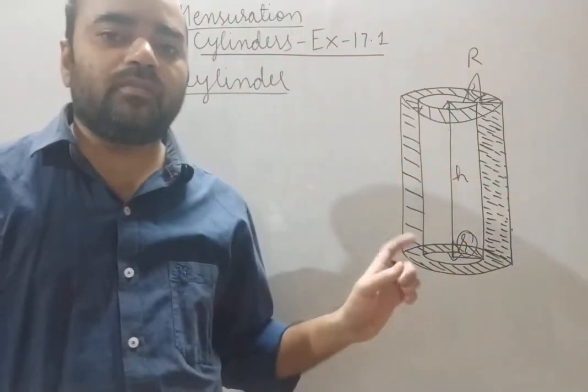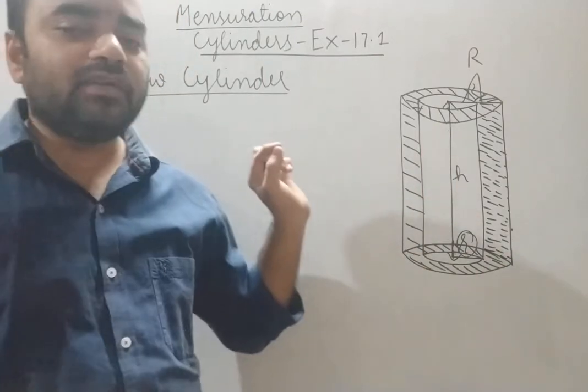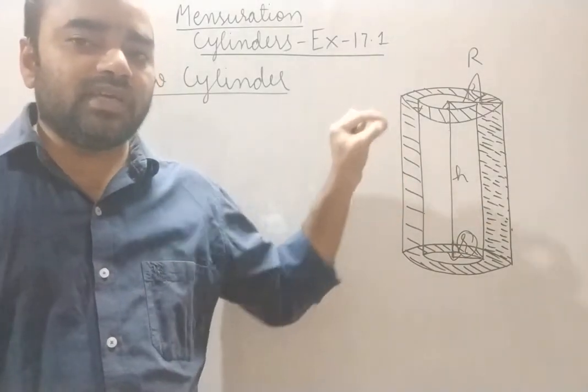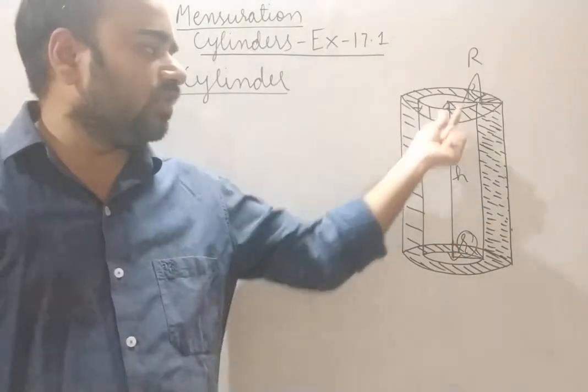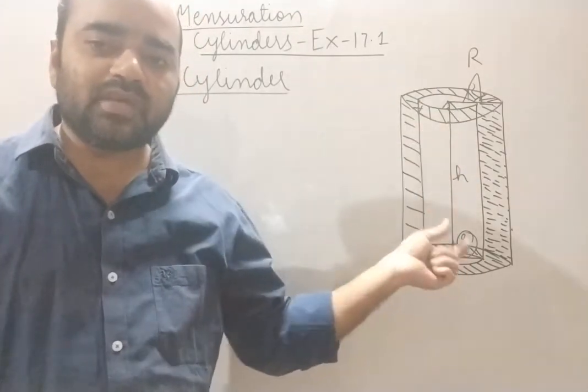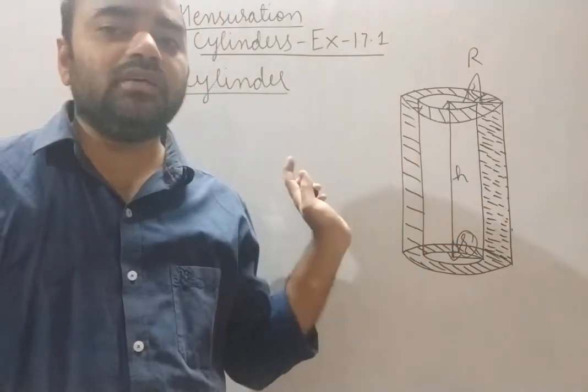Why? The reason is, the height of the cylinder means the distance between both the centers, and here both the centers are the same. We have two circular bases, but the centers are the same. That is why the height is the same in both cases.